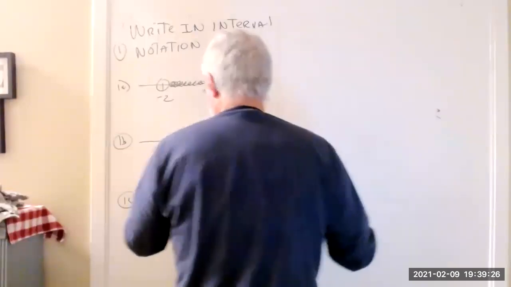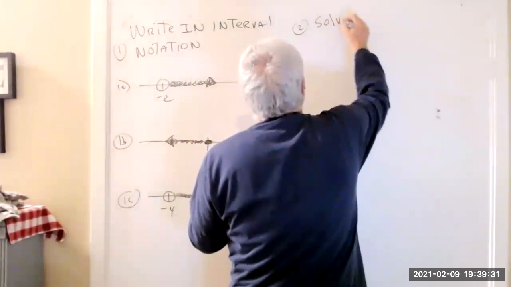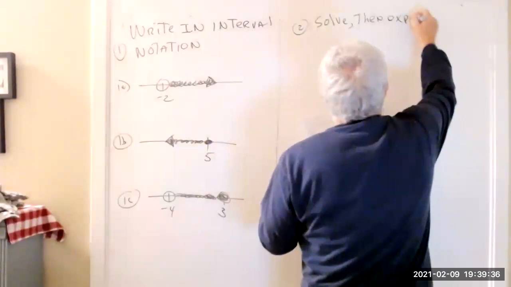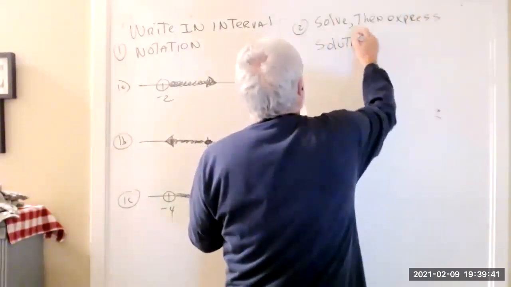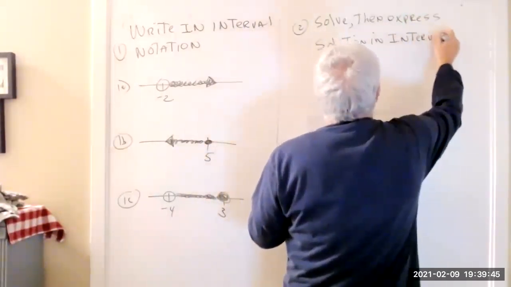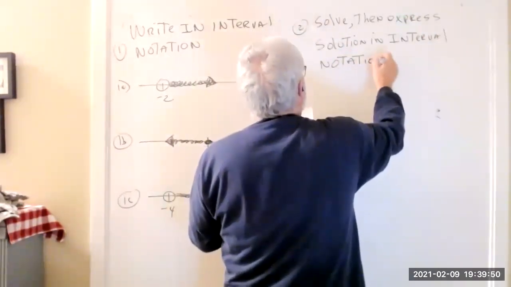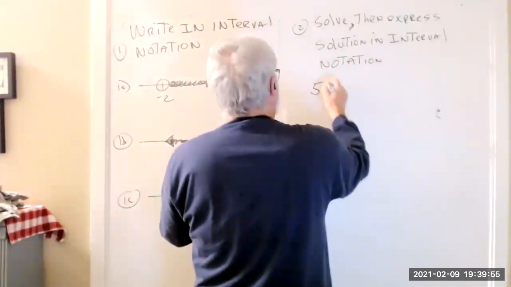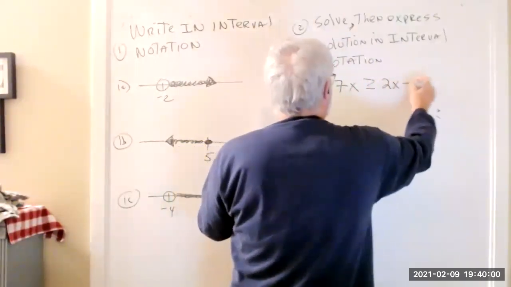And I want you to solve, then express solution in interval notation. Okay. 5 minus 7x is greater than or equal to 2x minus 4.